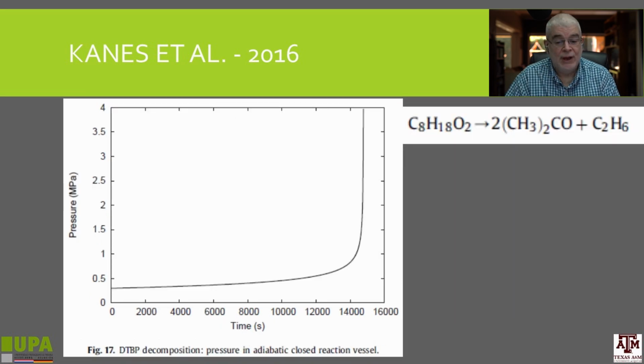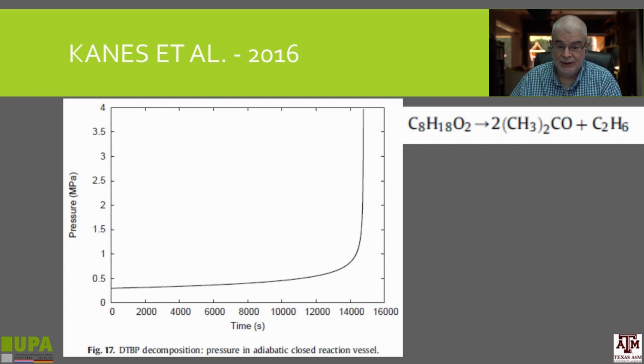Now, I mentioned that reactive systems were very important. The reason why they are very important is because certain materials, and this is a peroxide, DTBP, di-tert-butyl peroxide, used in polymerizations, are very tricky, because you may leave them and almost nothing will apparently happen, but this reaction here that forms acetone and ethane is an exothermic reaction.